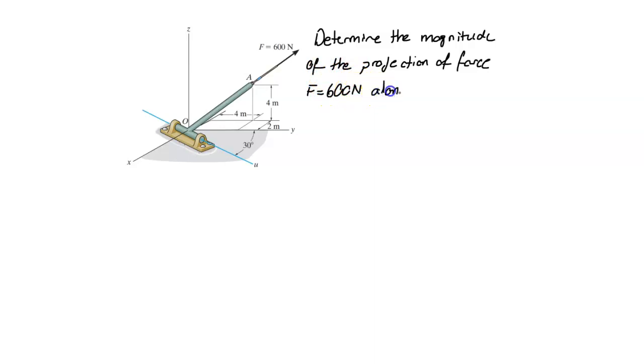That's along the u-axis. So we have an applied force here of 600 Newton, and the question is asking us to determine the magnitude of the projection. So we need to project this force onto the u-axis.